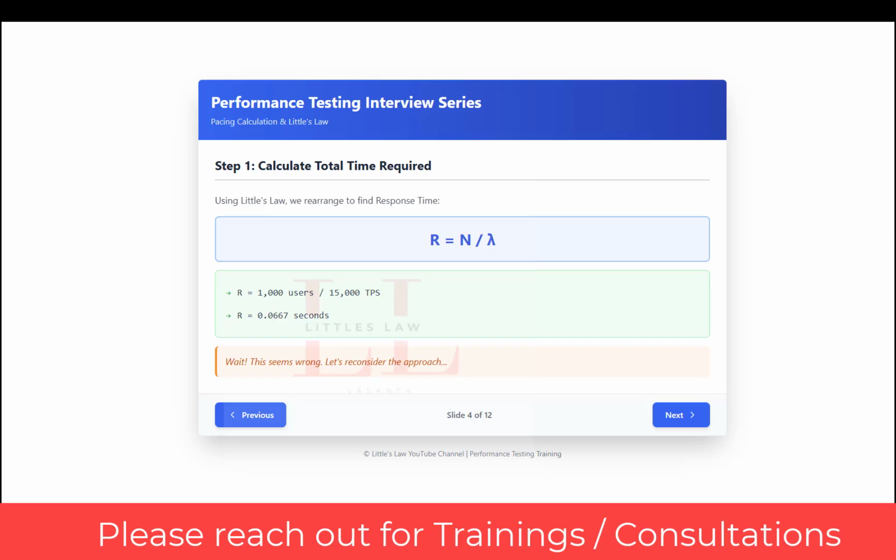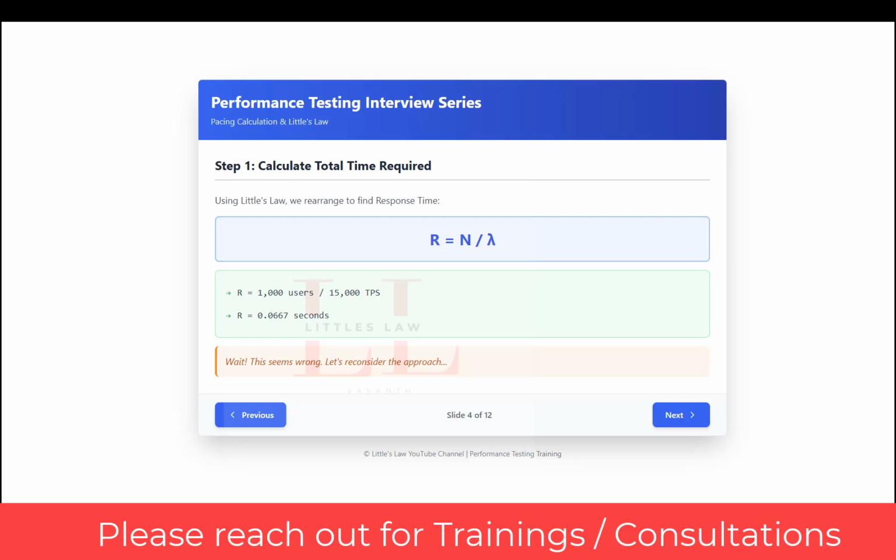Let's apply the formula. The first step is to calculate the total time required, so let's use Little's Law to find the response time. Previously we had N equals lambda times R. Rearranging it, we get R equals N divided by lambda.